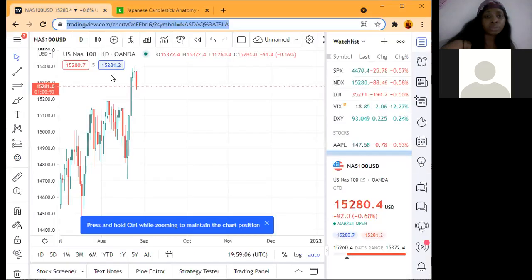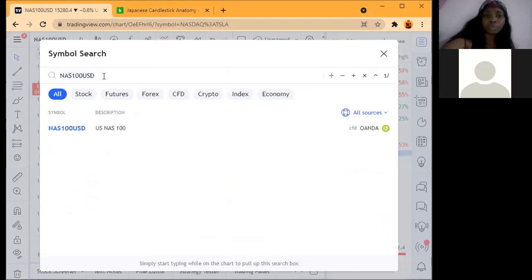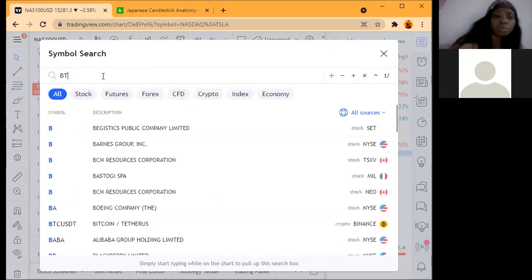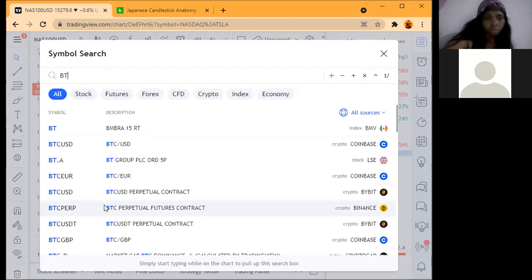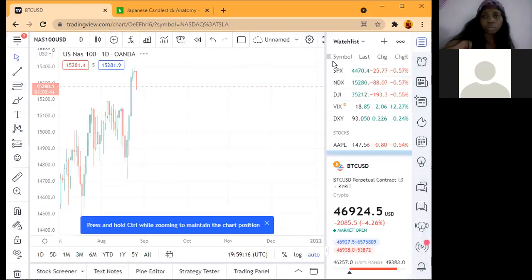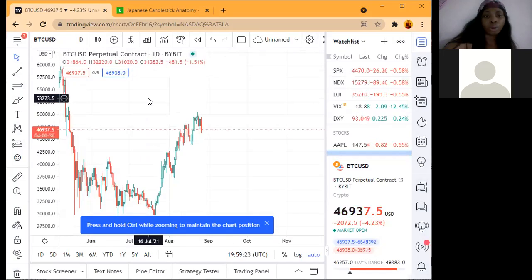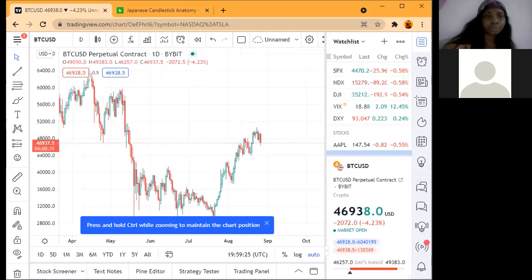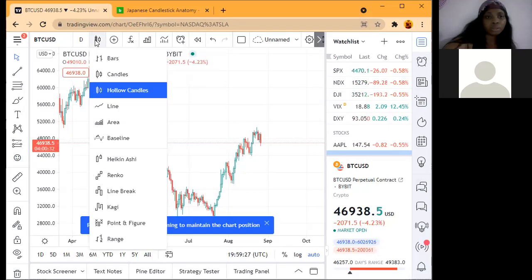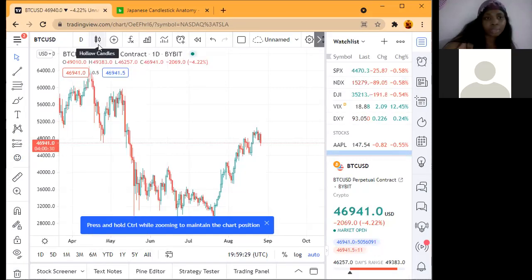Let me go to the real chart. Let me use BTC as an example. So this is TradingView.